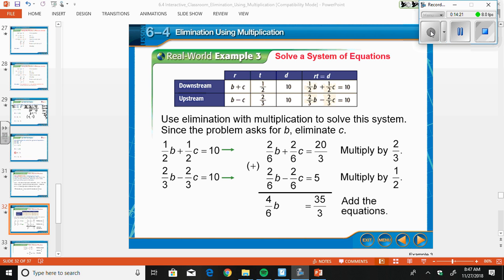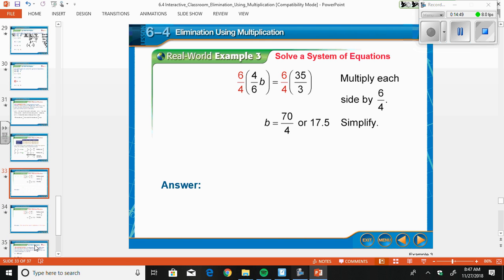With the current, you're going to take that speed plus your speed, and so you're going to be going a little faster. Whereas if you're going against the current, that current is going to slow you down. Okay, you're going to have to really work against it. So the B is when you're sitting still, and the C is the current. That's why we have downstream plus the current, it helps you, and upstream minus the current.